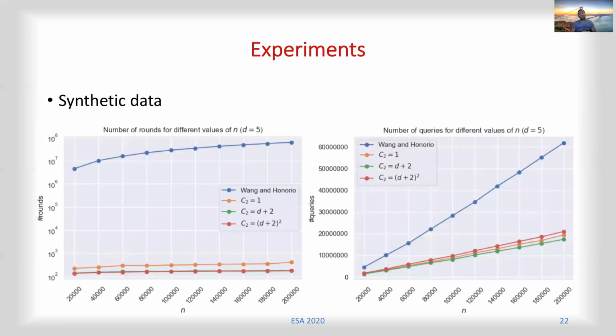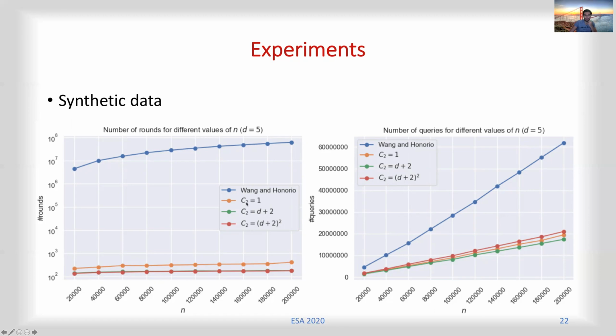We have also conducted some experiments. Just like the previous part, we ran our experiments on synthetic data where we generated our trees from preferential attachment, and this C2 just monitors the size of the sample.